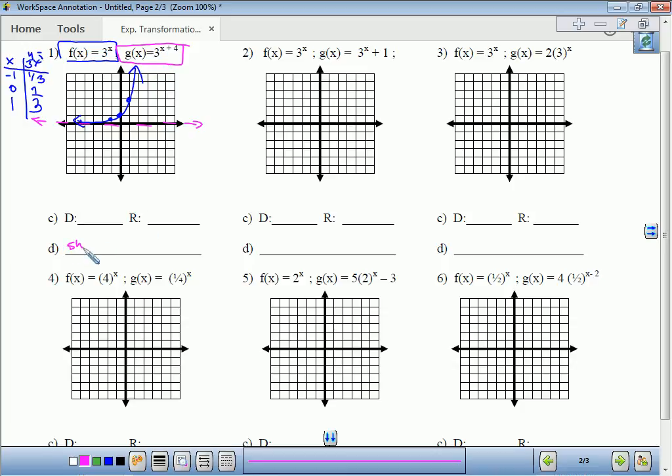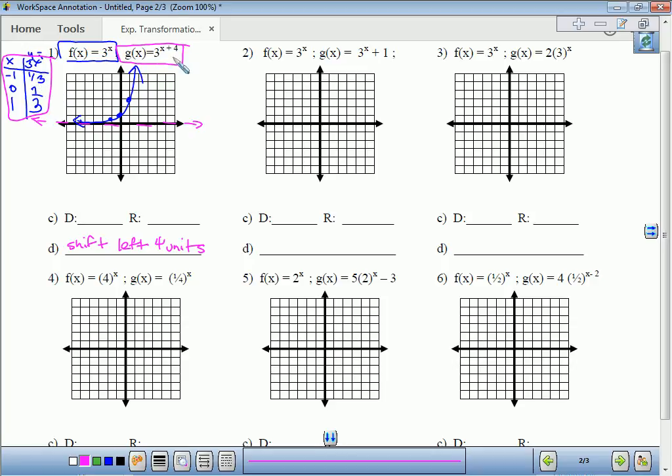So it's going to be a shift left 4 units. Nothing else about that function changes. So when we graph these, this part stays the same. We keep thinking about that part. But we have to start graphing it in a different spot.